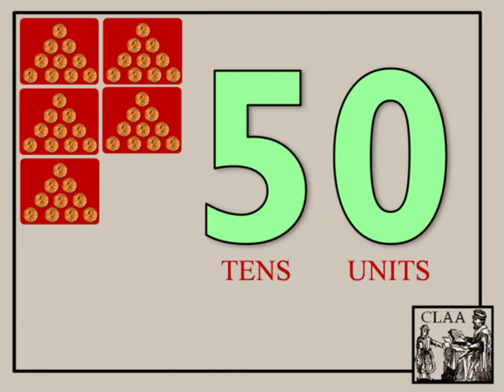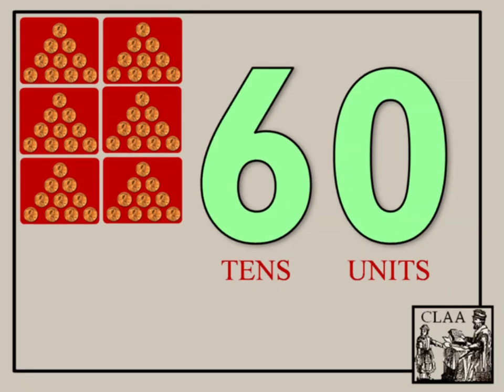There are 5 sets of 10 pennies. 5 sets of 10 is called 50. If you look at the number 50 written on your screen, you can see that there are 5 tens and 0 units. 5 sets of 10 and 0 units left over. This is 50.